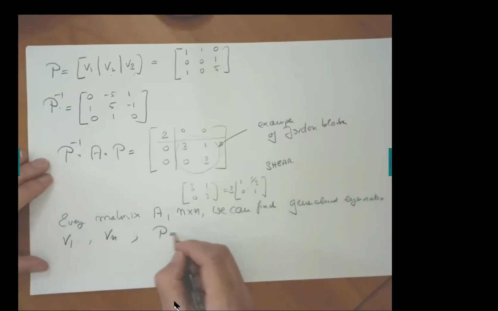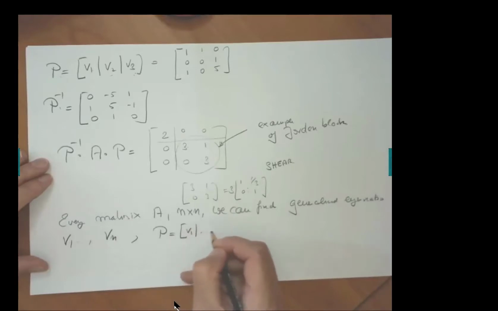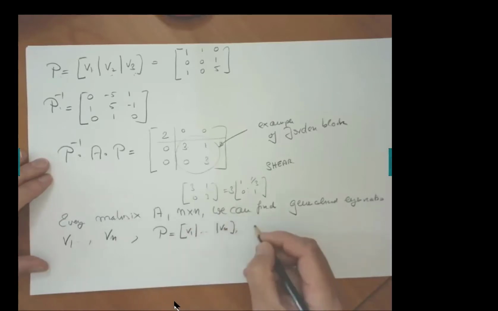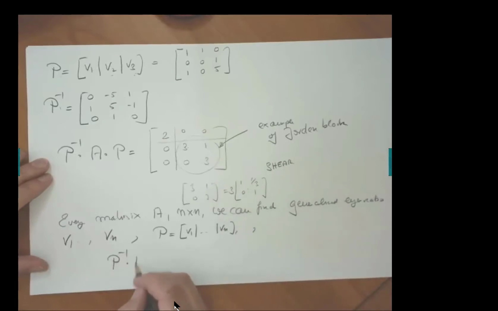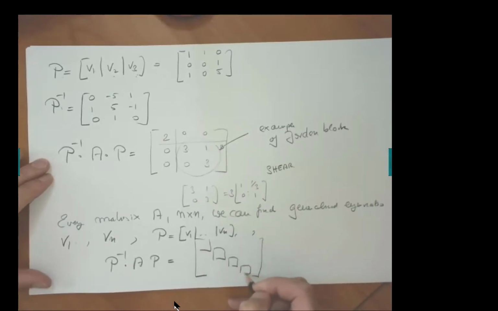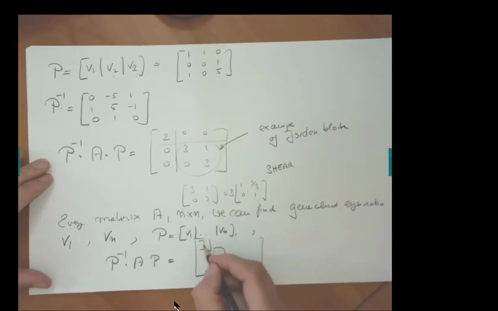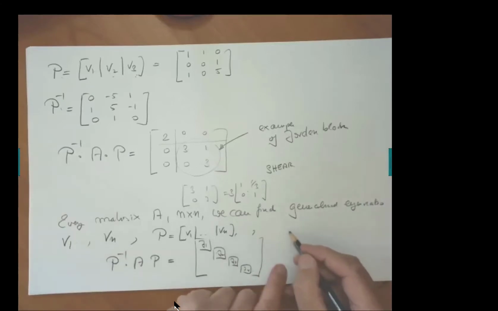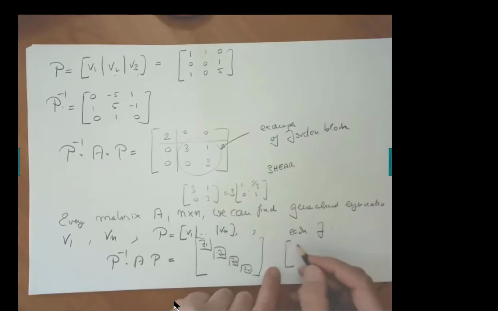Then we make the matrix P, which is the matrix of these columns, and P inverse. Then P inverse A times P is a matrix where we have blocks along the diagonal. So let's say J1, J2, J3, J4, and so on, where each J has one of the following shapes.